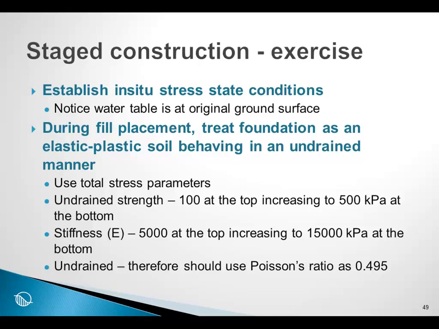To simulate this behavior, we need to specify Poisson's ratio as 0.495, the largest value that is permissible in SIGMA/W. When we specify a Poisson's ratio of a half, so to speak, it is in essence saying that there will be no volume change. When there is no volume change, then the change in stresses in the vertical and horizontal direction will in essence be the same.